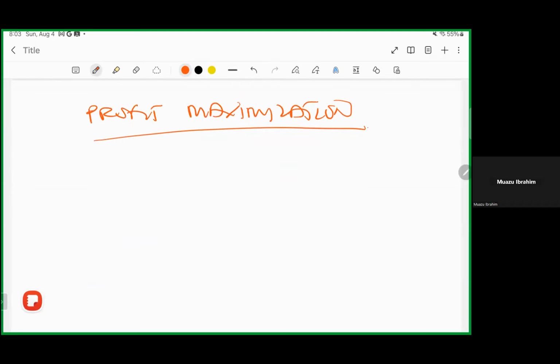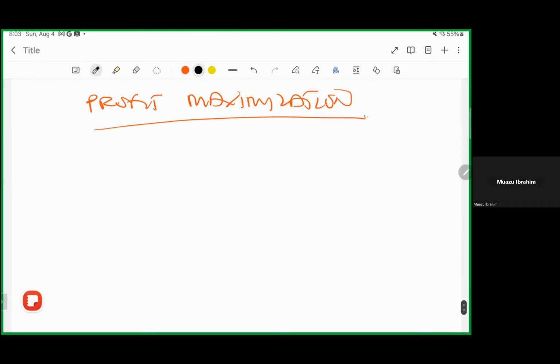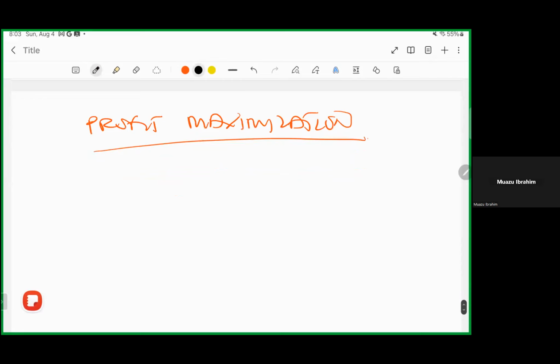Now, please note that firms would also make profits, and they will also make loss. I'm going to write profit as pi. So anywhere you see this, it means profit. And profit is the same thing as total revenue minus total cost.